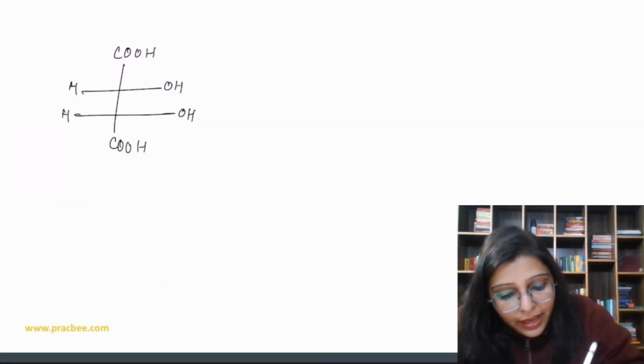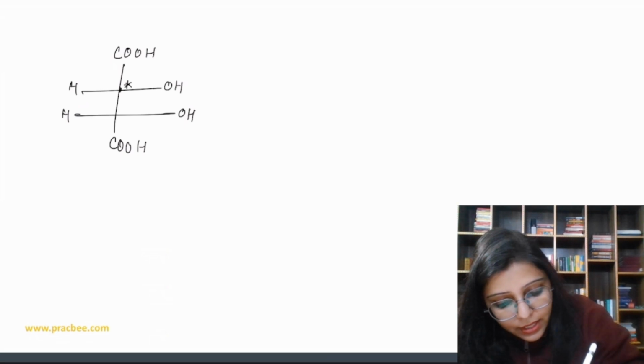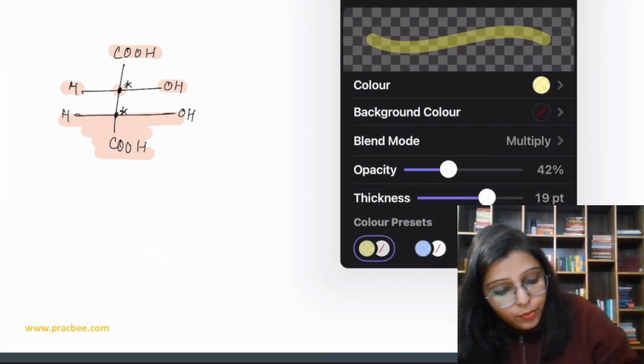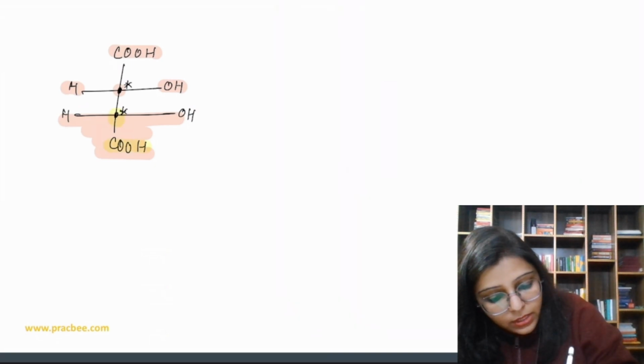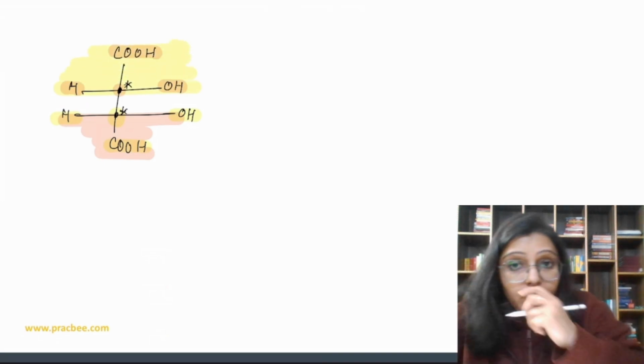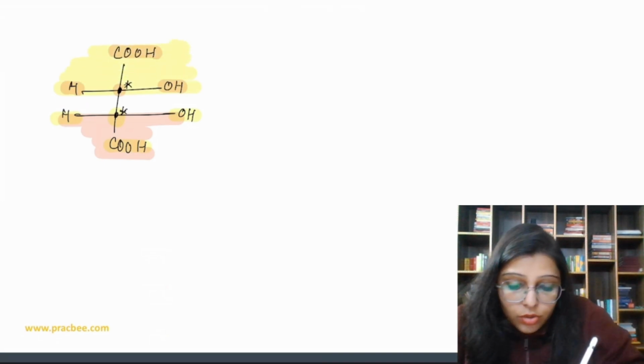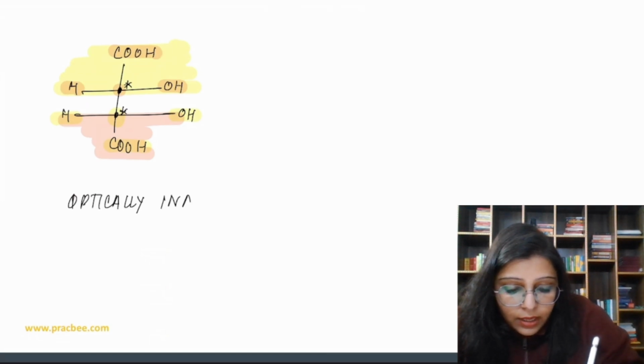Why? See, here we have a chiral center, and this is a chiral center. If we take this carbon, one is the CHO group, one is the OH group, one is hydrogen and one is this group. Now if I take this carbon, one CHO, one OH, one H and one is this group. So we have 2 chiral centers, but this is optically inactive.